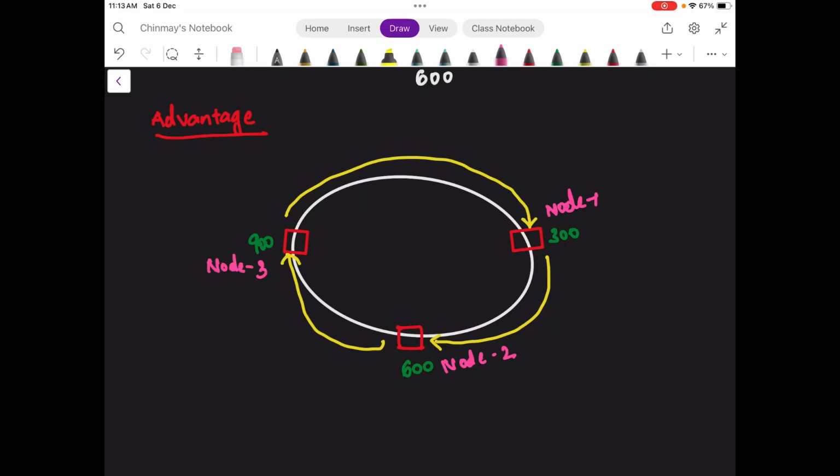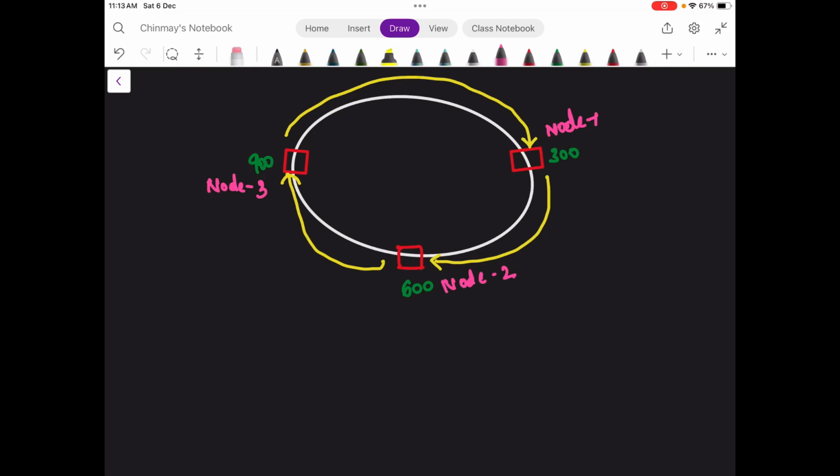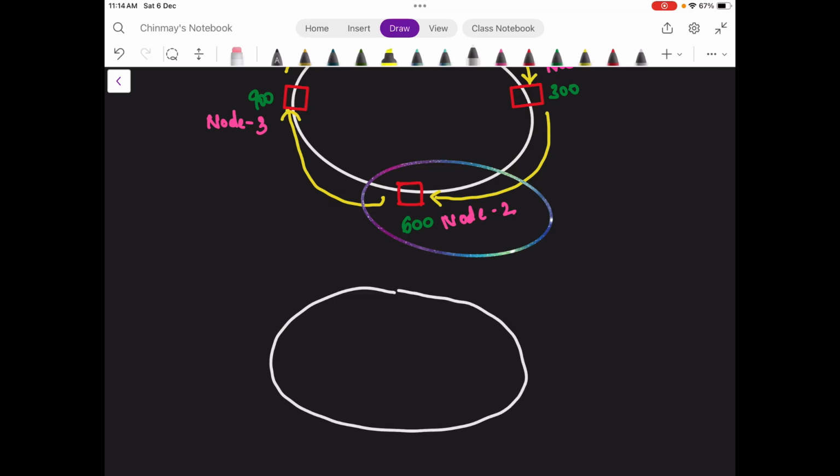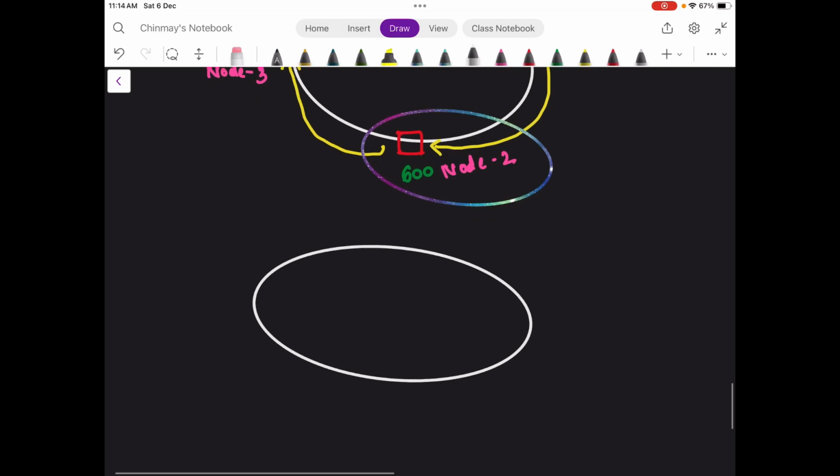Now what happens here? For example, node 2 is dropped. We have an issue with node 2. Now how many nodes are in the ring? We have only 2 nodes, node 1 and node 3.